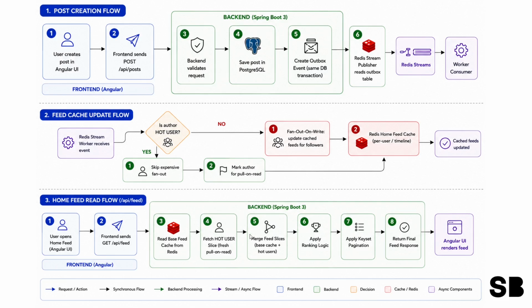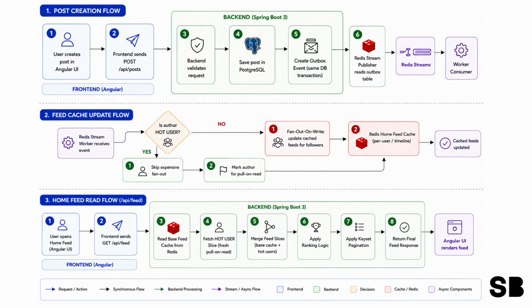These are usually posts from normal users that the current user follows. But this cached feed may not include fresh posts from hot users. So the backend also fetches fresh slices from hot users that this user follows. This is the pull on read part.